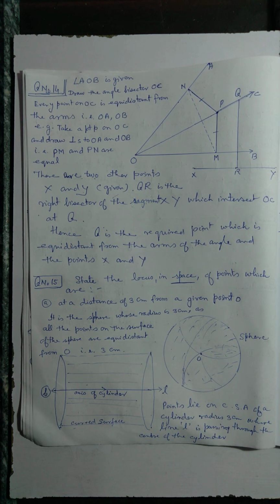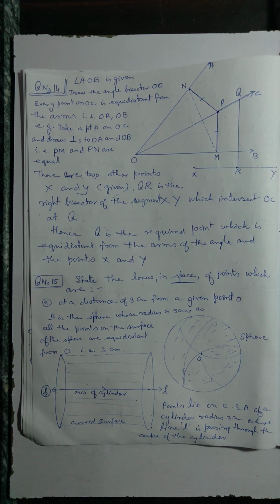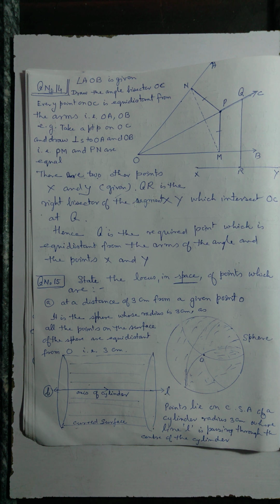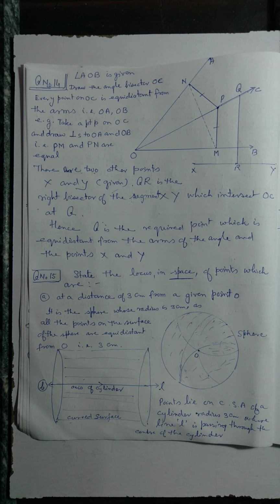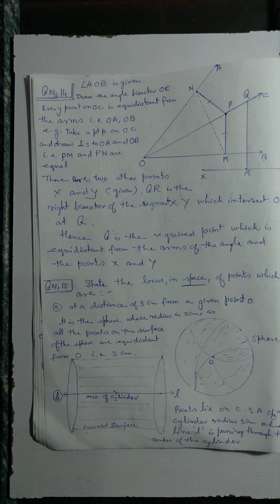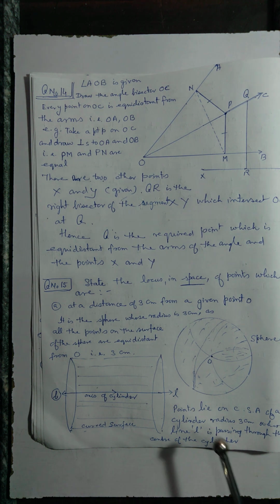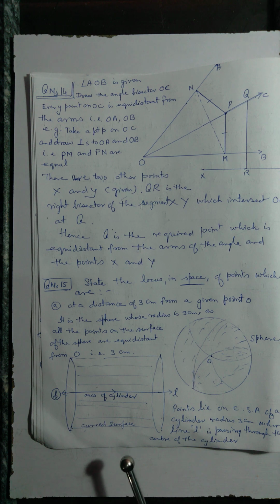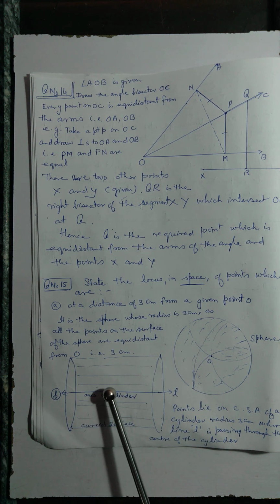Now they come to the B part of it. A distance of 3 cm from the given straight line L. There is a line L, and 3 cm away, we have to assume all the points.